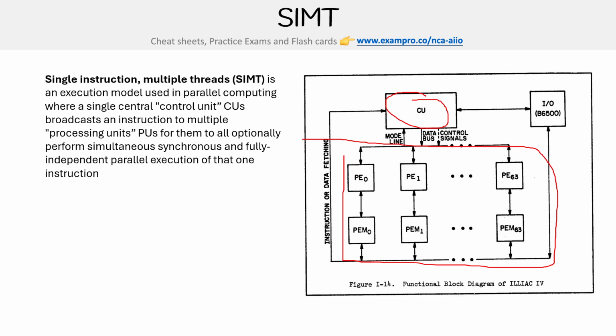Because I came across the terms CUs and PUs, now we know what they are in relation to each other, and it's part of this single instruction multi-thread execution model.